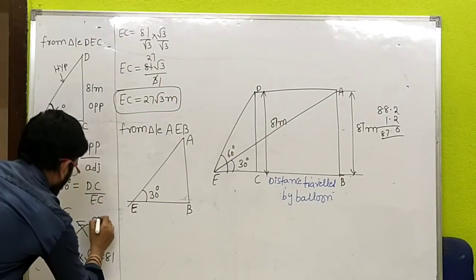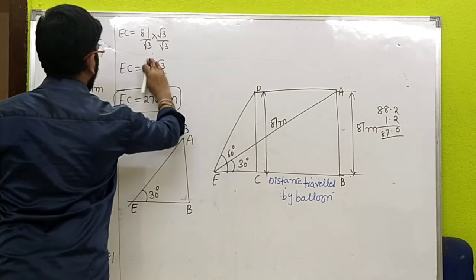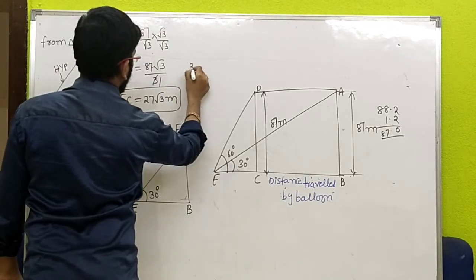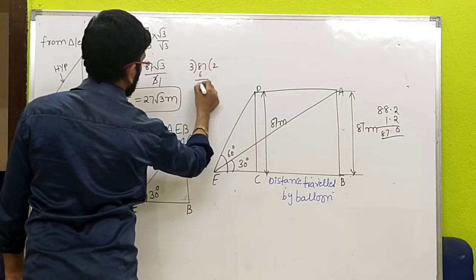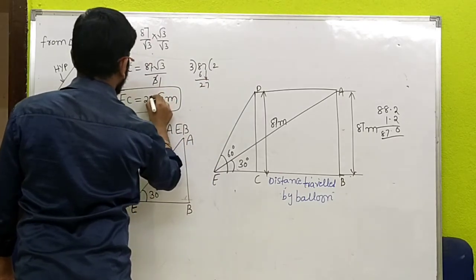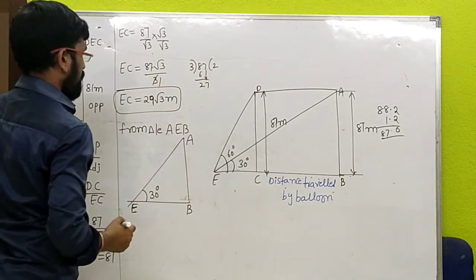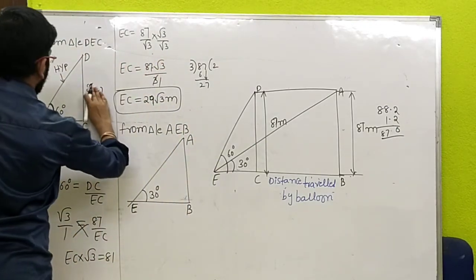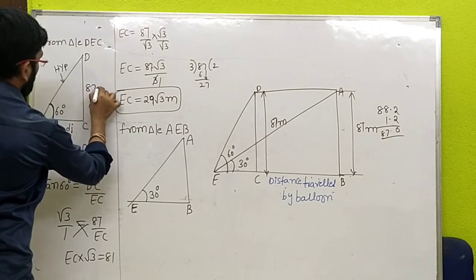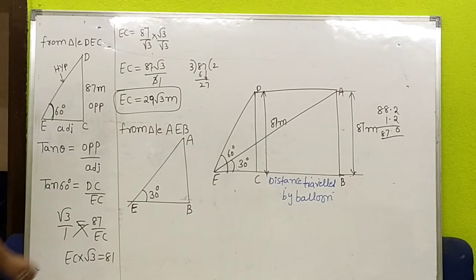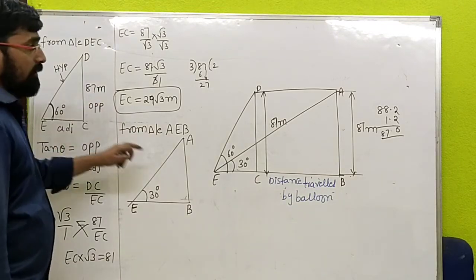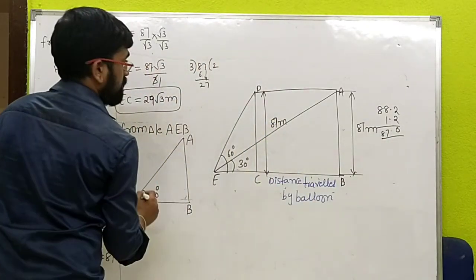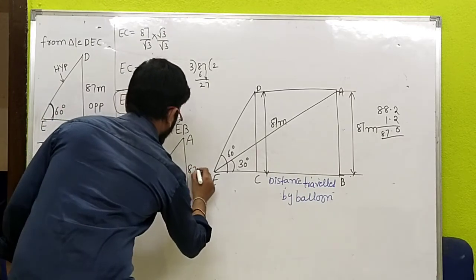We have to take 87 here, not 81. Let us make the correction: it will be 87, because 88.2 minus 1.2 is 87. So from triangle, this is also 87 meters.